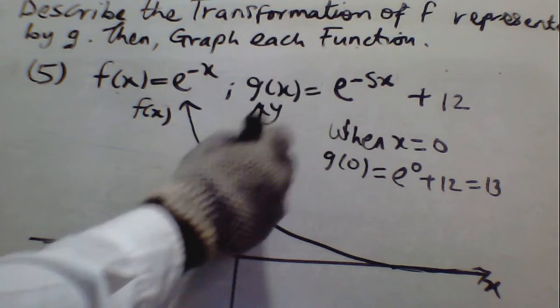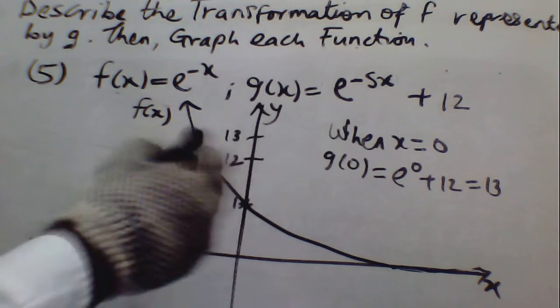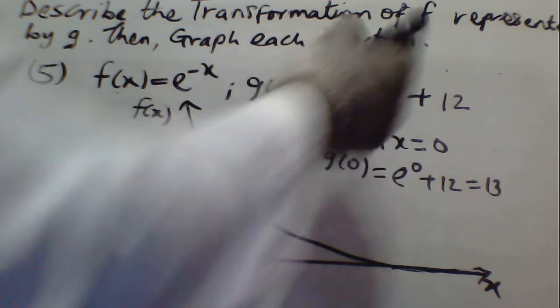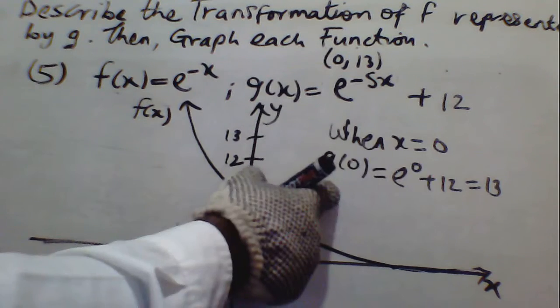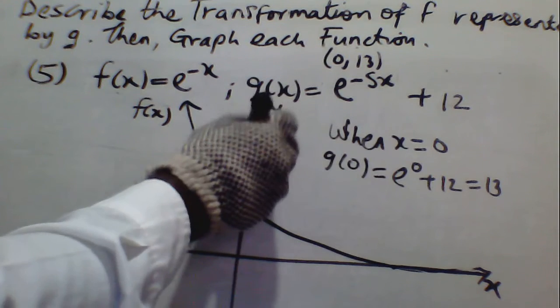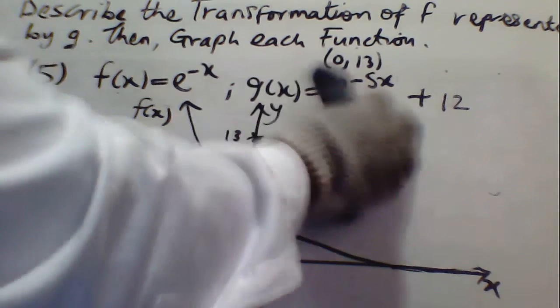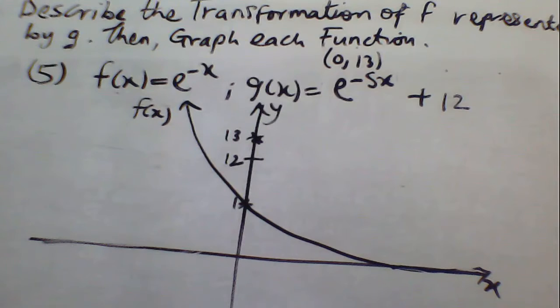Here is 12. Here is 13. So when x is 0, g of x is 13. So somewhere here. So 12 will act as our what? As our horizontal asymptote.